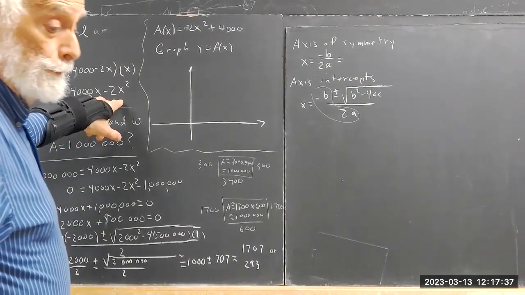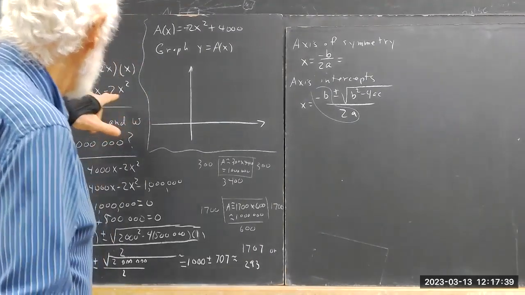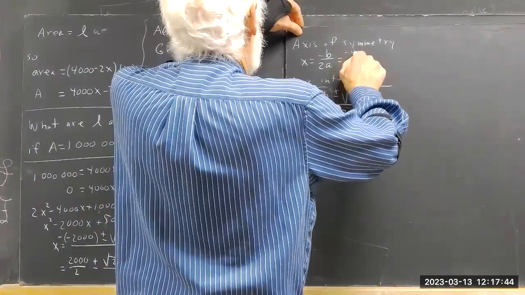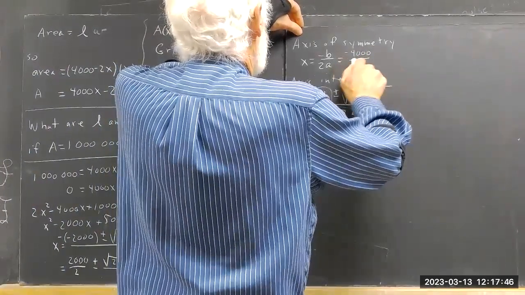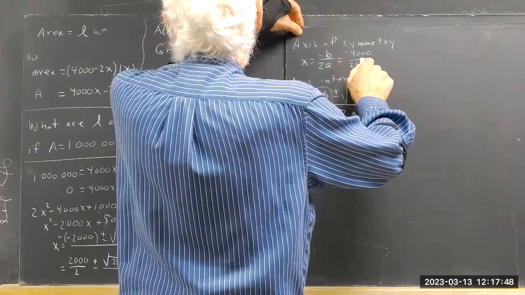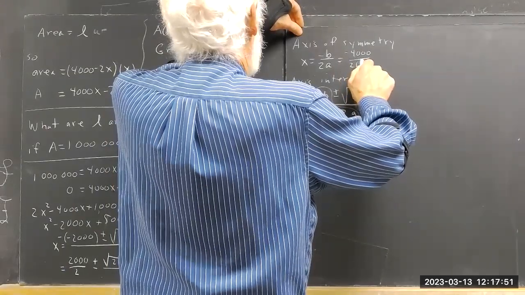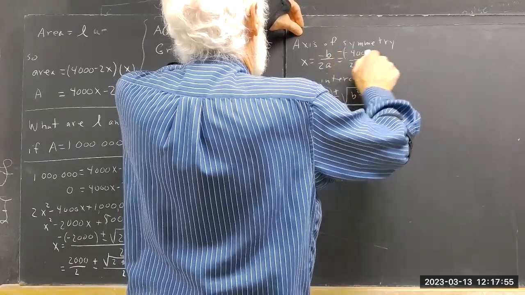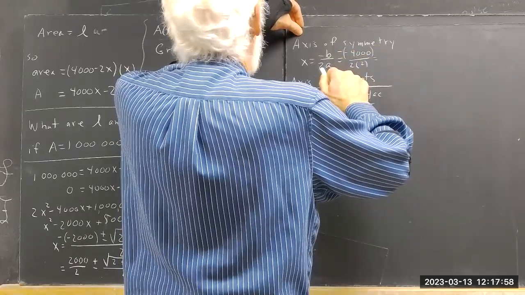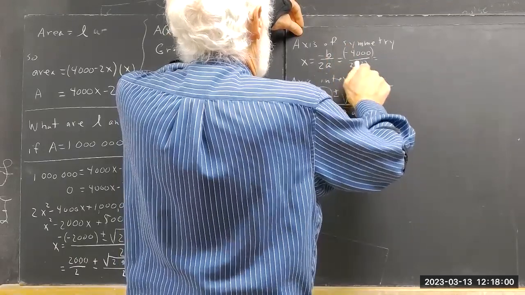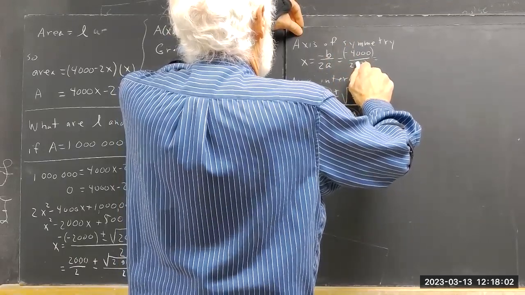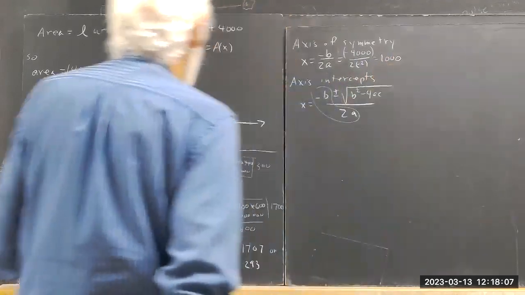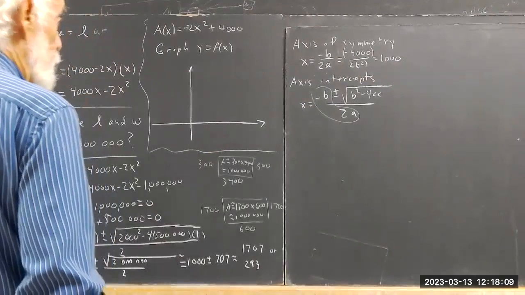A is what's in front of x squared, and it's the negative of, so that's 4,000 over 2 times negative 2. In any case, that comes out 1,000. Okay, well, that tells us something already about the scale of the graph.